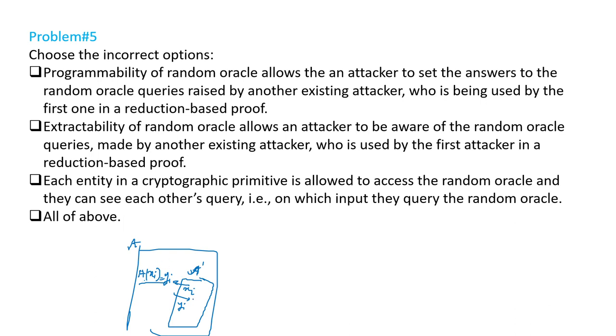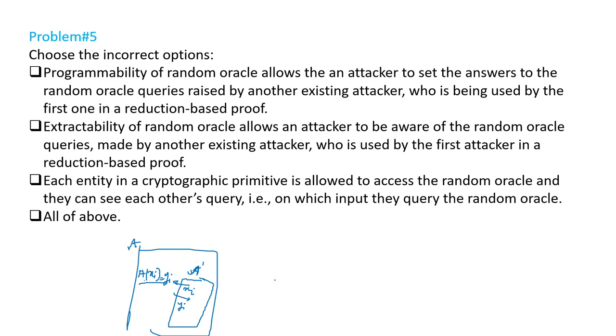That is the programmability. And extractability is whenever A dash needs to query the random oracle for some input xi, that input is also visible to this adversary A because it is only using A dash as its own service. So all the queries raised to the random oracle by A dash are also visible to A. However, the third statement says that each entity in a cryptographic primitive is allowed to access the random oracle and they can see each other's query.